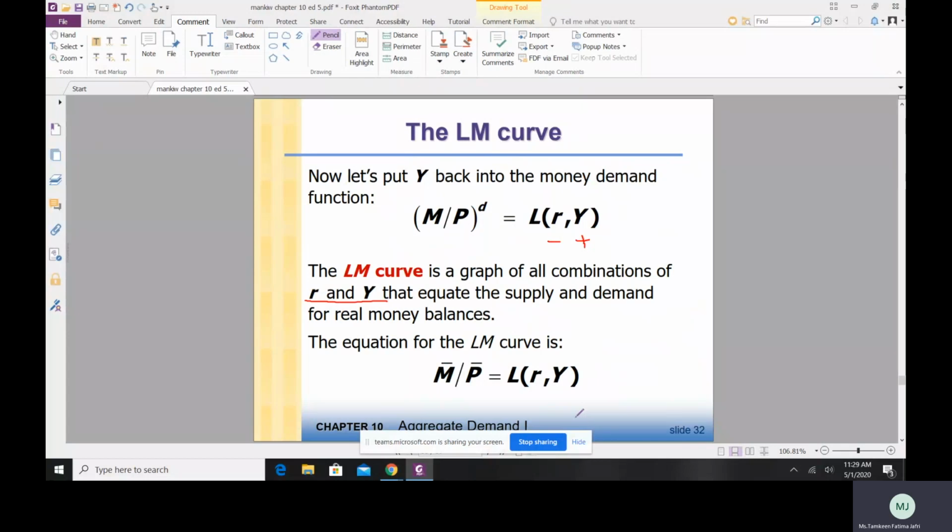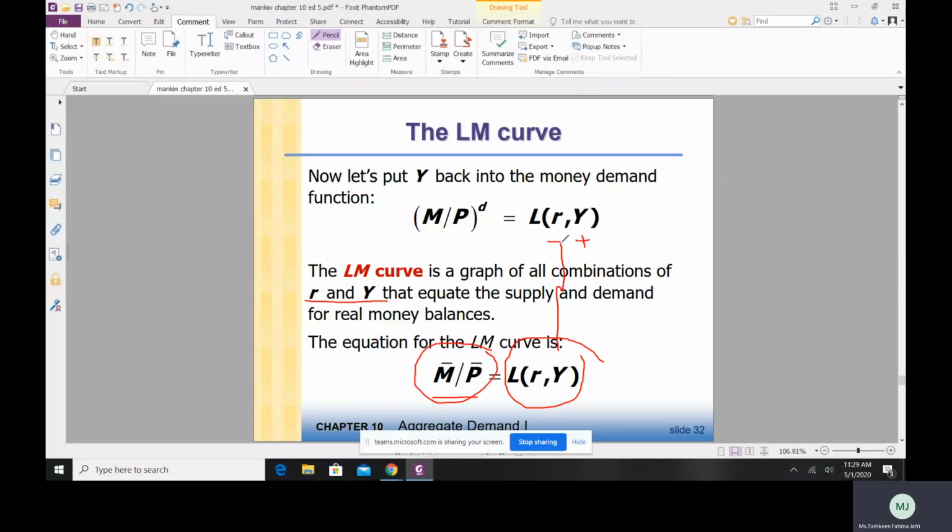So all the points that lie on the LM curve, the combination carrying the relationship between R and Y, should satisfy the money market equilibrium. This equilibrium is established where the money supply, the left hand side, is actually the money supply. We are assuming that M is constant and prices are constant in the short run. So this money supply is equal to the money demand.